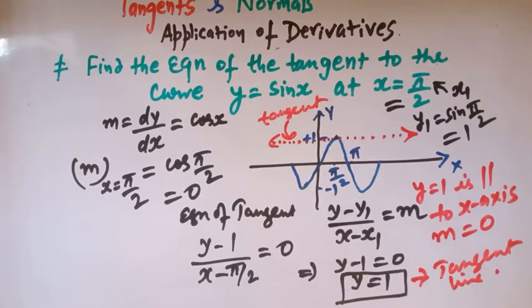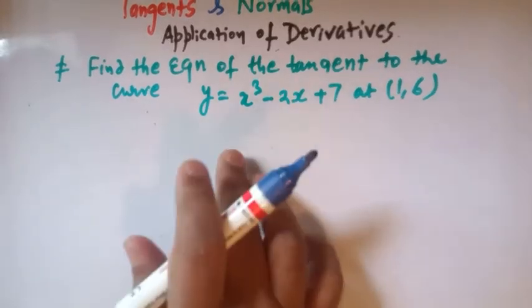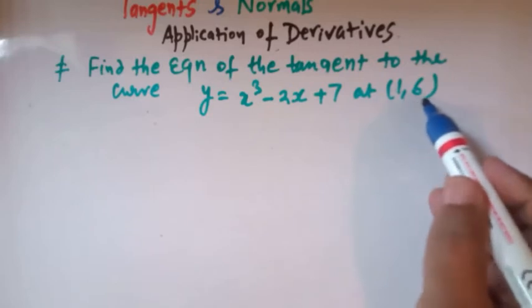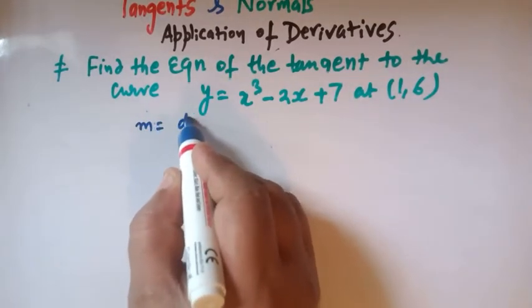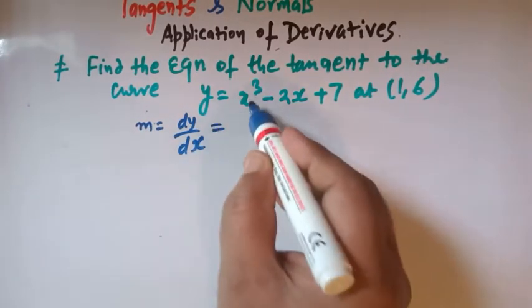Now let us take another problem. Here we have the problem: find the equation of the tangent to the curve y equal to x cube minus 2x plus 7 at (1, 6). So we'll first find the slope. The slope is dy by dx, so we'll differentiate it.